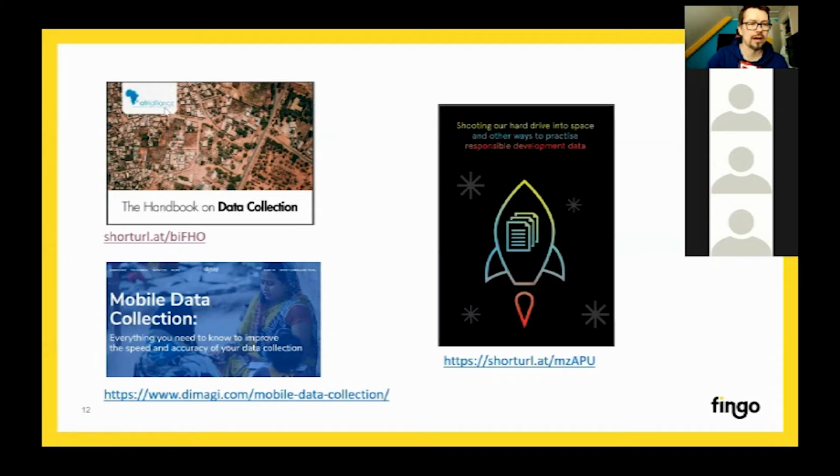It's by AFRI Alliance and Akvo, and it's a very good handbook, starting from the design of the project all the way to the design of the surveys and choosing digital tools, then to analyzing the data, visualizing it, and taking it into action. So if there's one thing to start reading, go for this one. There are also many others that I've presented, two others, but if you want a recommendation, go with this one.